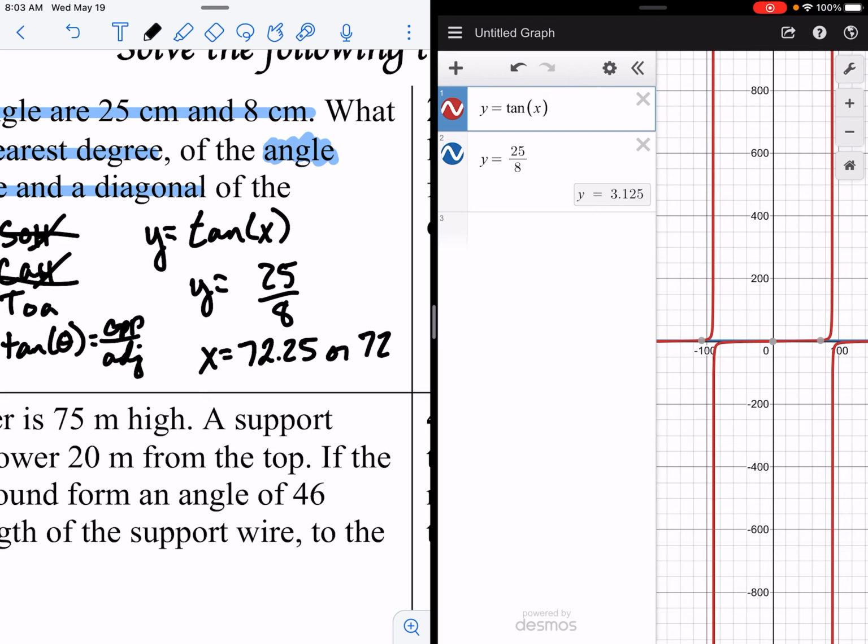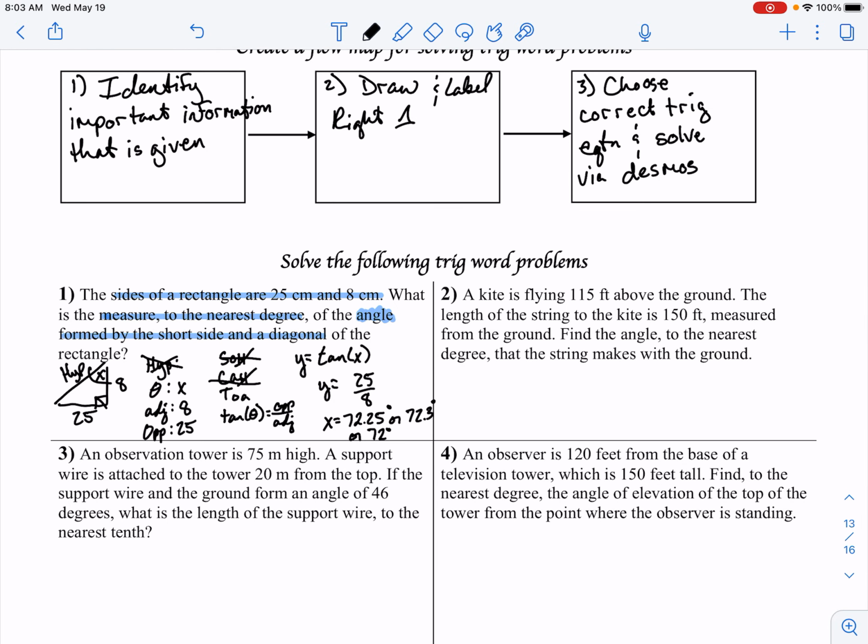Or if you want to round it, you could go 72.3 or 72. All of these are degrees. It'll just depend on where it tells you to solve from, or where to round to.